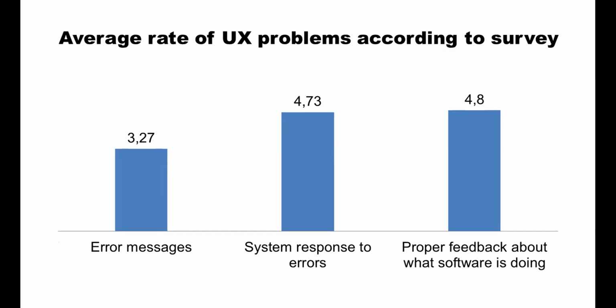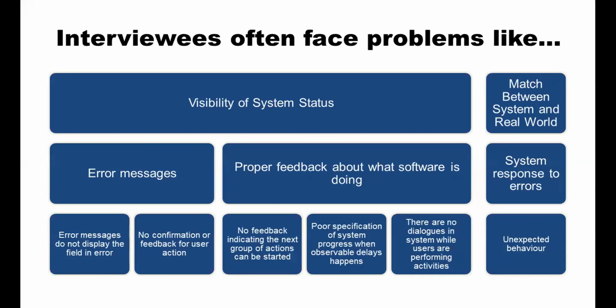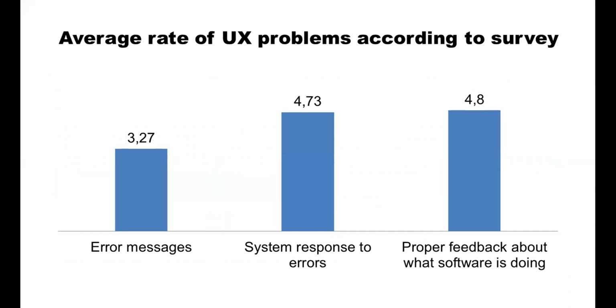We identified that the main problems come from these three groups: error messages, system response to errors, and also proper feedback about what the software is doing. And after the survey, we started the interviews, based on all these results, to validate this information.